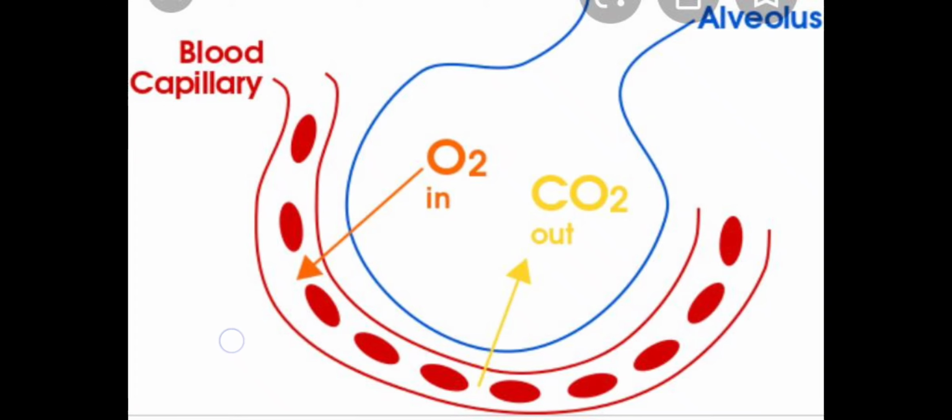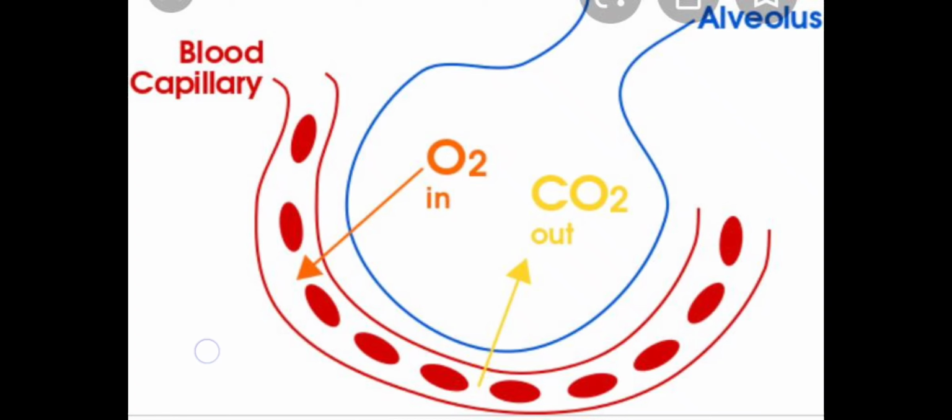The oxygen is more in alveoli than blood, so the oxygen diffuses from alveoli to blood capillary. The blood that is coming from the tissue has carbon dioxide, so the carbon dioxide from the blood diffuses into alveoli, and when you breathe out the CO2 moves out. So this is the gaseous exchange during respiration.